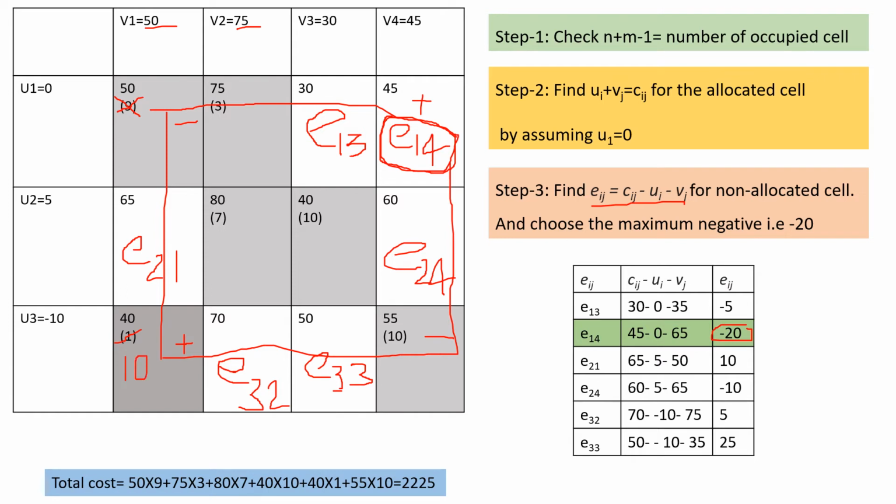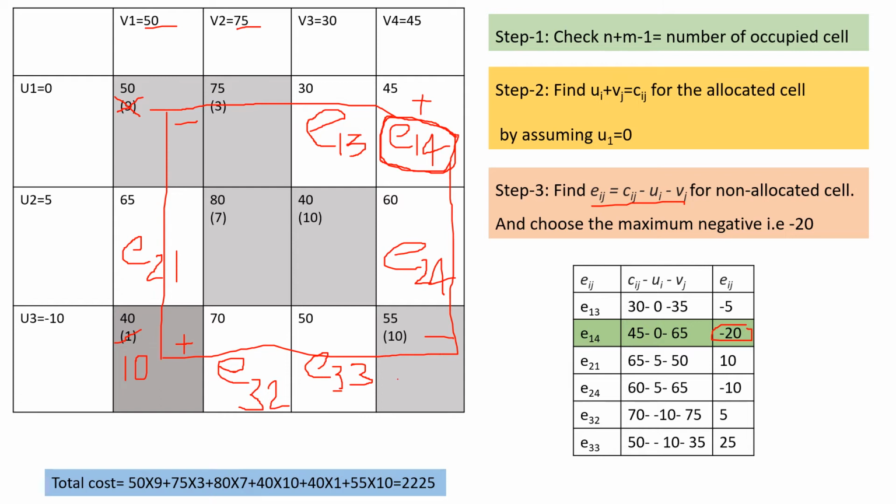10 items are allocated to this cell, and when we subtract 9 here, because it is a minus sign, the remaining becomes 1.